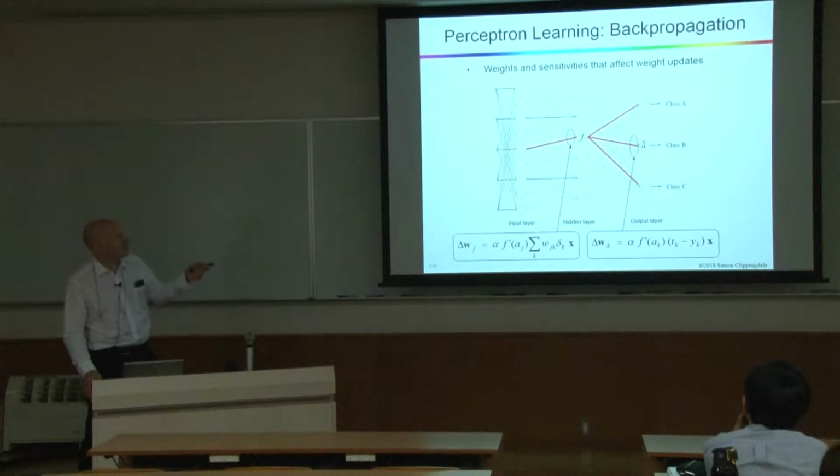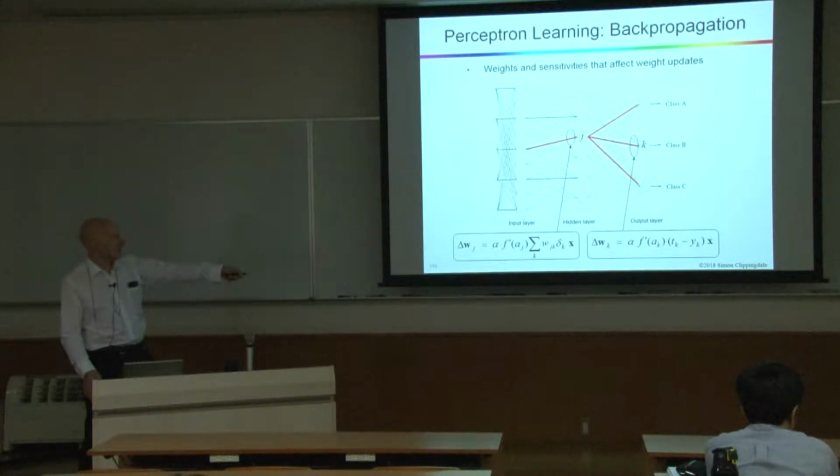Here's the kth unit in this layer, and here's the jth unit in the preceding layer. K here is the output layer, so this is the error in the output of the kth unit, and here are the sensitivities of the units in the kth layer. They all get reflected back via these weights that join the two layers.